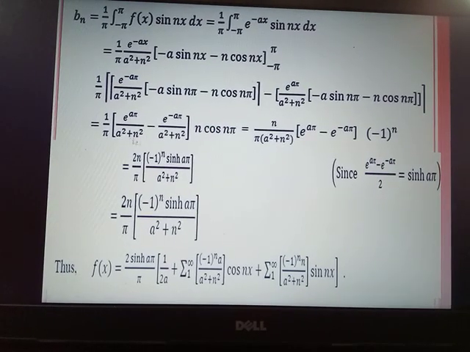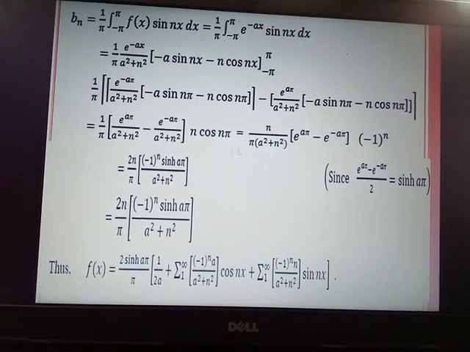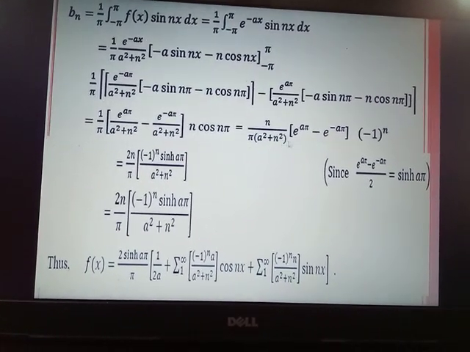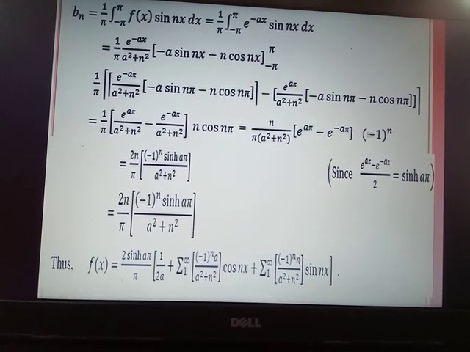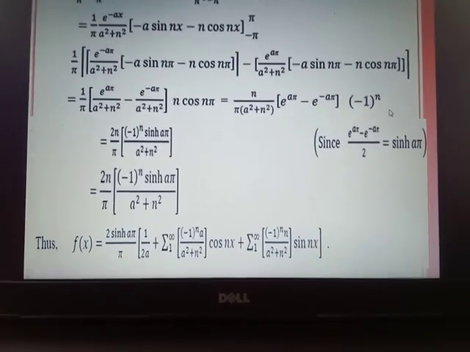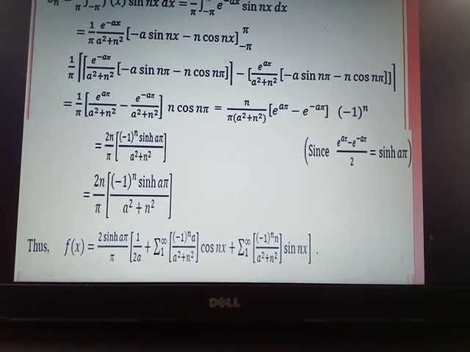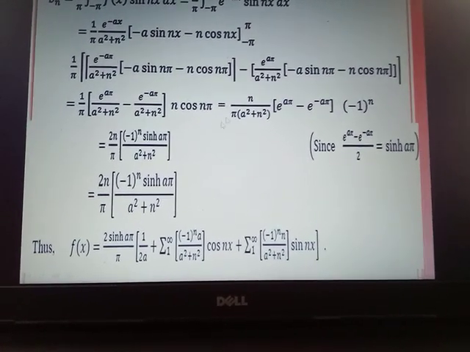Now take this a square plus n square common, we get n divided by pi into a square plus n square, e raised to a pi minus e raised to minus a pi into minus 1 raised to n. We know that e raised to a pi minus e raised to minus a pi divided by 2 is sinh a pi.